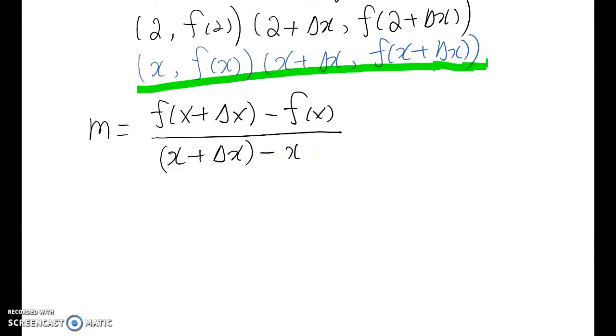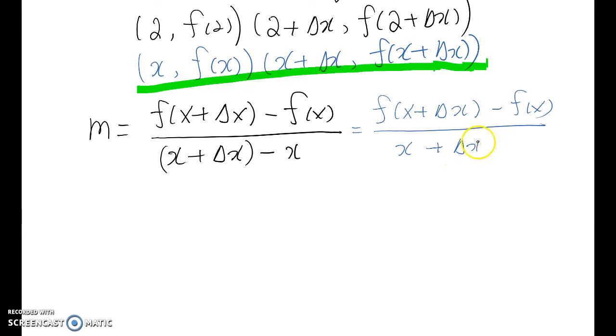So we just open and simplify this one, then it's going to be f(x + Δx) minus f(x) over (x + Δx) minus x. So this will be cancelled out.